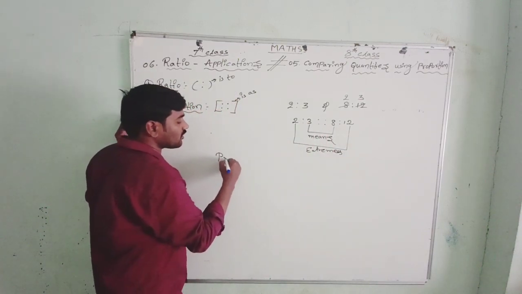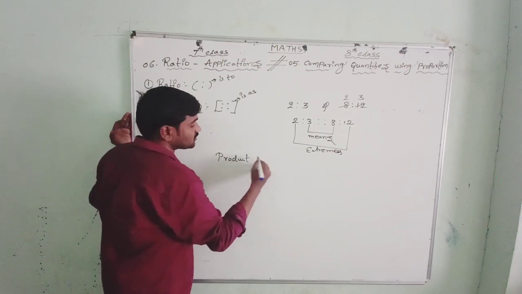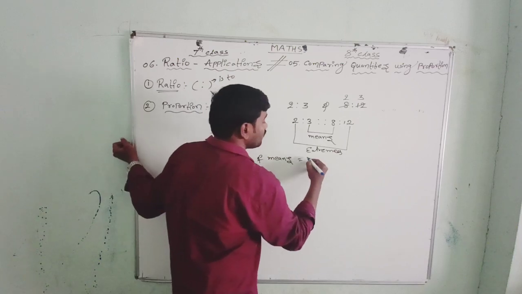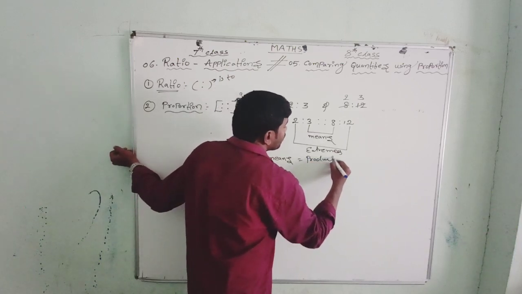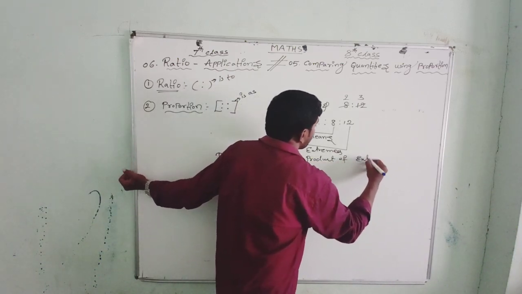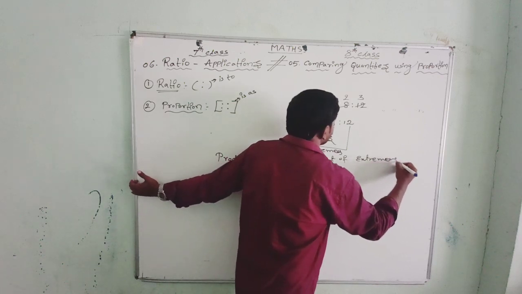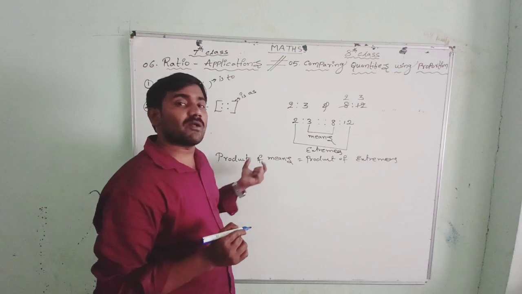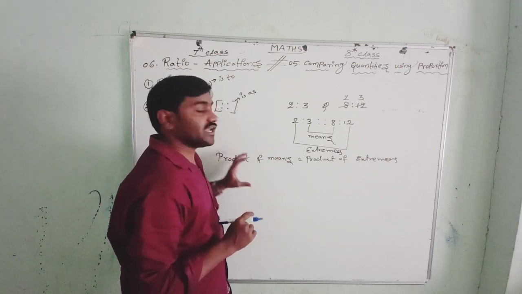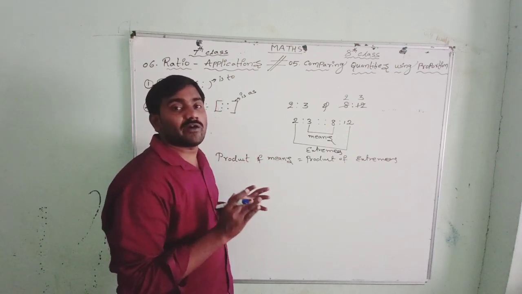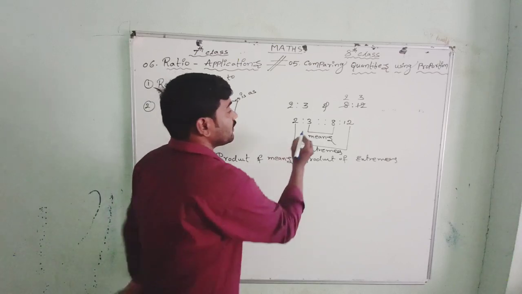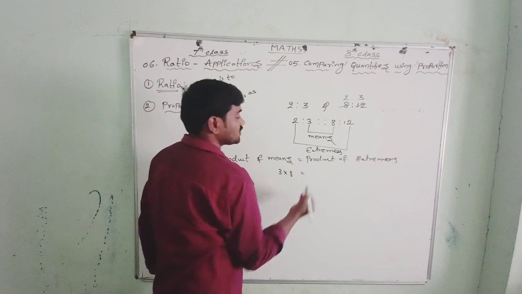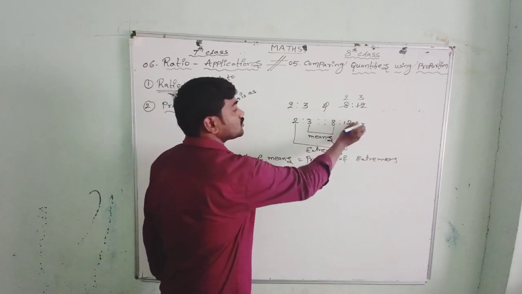So when you do the product of means equal to the product of extremes, you will come to know whether the given two ratios are in proportion or not. This is the way we can check. See, the product of means is 3 into 8, equal to the product of extremes 2 into 12.